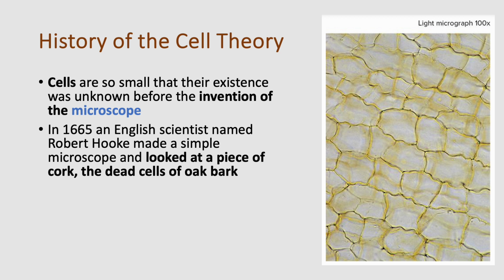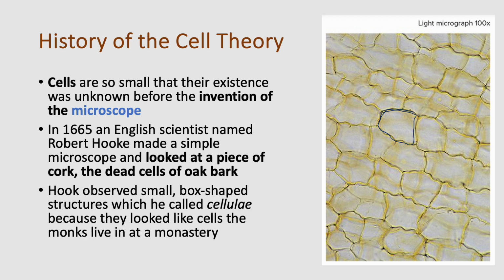So in 1665, an English scientist named Robert Hooke made a simple microscope and looked at a piece of cork. What he was looking at was oak bark, and he was looking at these microscopic cells, which is the term that he coined. Each one of these is actually the outline of a cell wall.